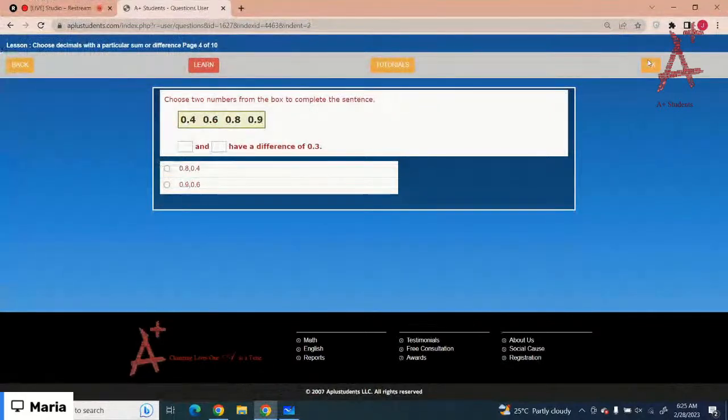Okay, the next one is choose two numbers from the box to complete a sentence. Dash and dash have a difference of 0.3. So which is the correct option? Which two numbers have the difference 0.3? Option 1 or option 2, which is the correct option?